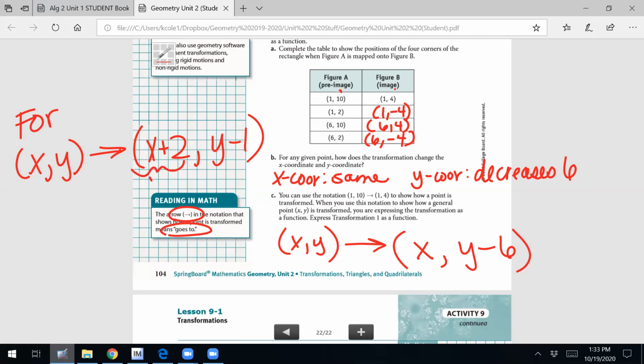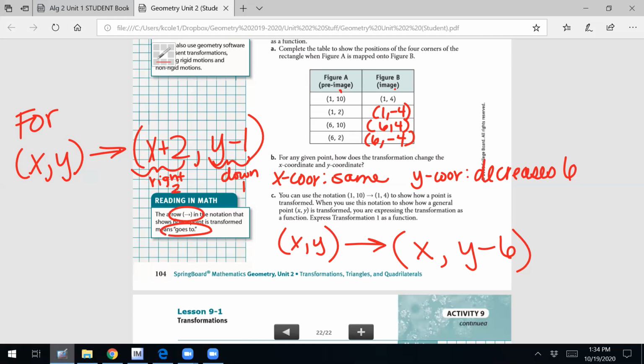This tells me we go right 2 because x is your horizontal. Okay, so we're going right 2. And then this minus 1 tells me we're going down because y is your vertical. Okay, so you don't need a graph to know that. You can just apply what you know about expressions. If we have an x, we're moving left or right. If we have a y, we're moving up or down. Okay?